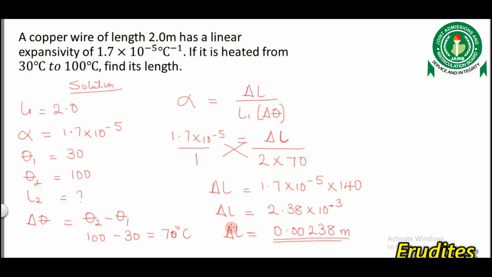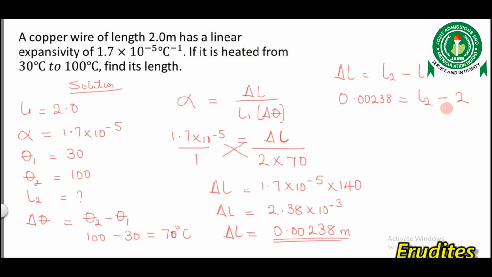So if this is my change in length, what we are asked to look for is the new length, L2. So you should know that your delta L, your change in length, is equal to L2 minus L1. So I've gotten my delta L, change in length, to be 0.00238. So 0.00238 will be equal to L2, which is what I'm looking for, minus my L1, which is 2 meters.